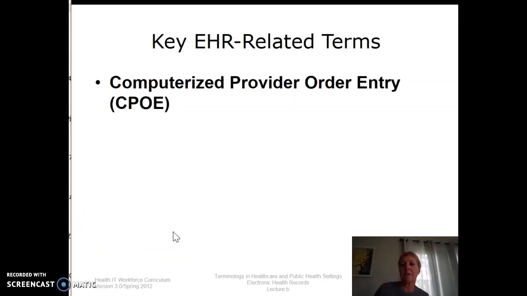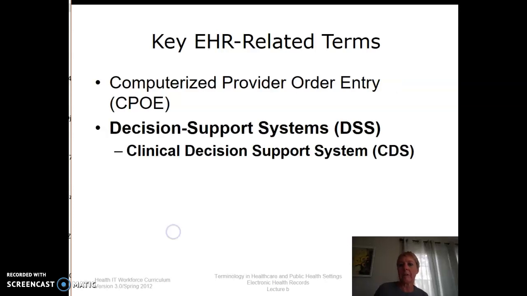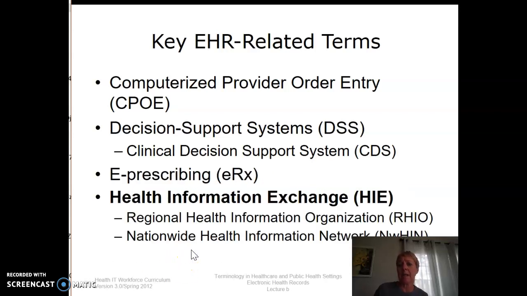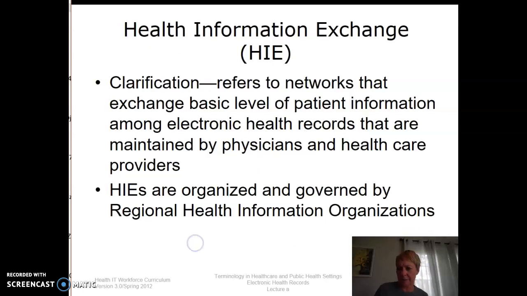So these are some of the terms: computerized provider order entry, decision support systems, e-prescribing or eRx, and health information exchange or HIE. You have regional HIEs, or RHIOs, and the nationwide health information network. When they talk about the exchange, you will see this in every state, whether it's Iowa or wherever you go.